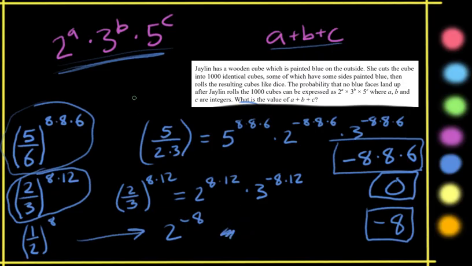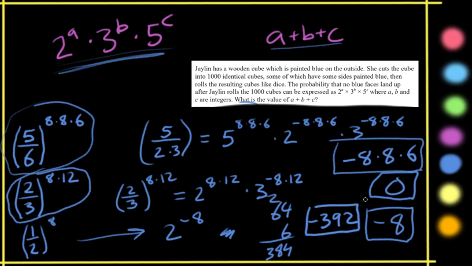So what's 8 times 8 times 6? That's 64 times 6. 4, carry the 2, it's going to be 384. So this is negative 384, and this is negative 8, and you add those together and you get negative 392. So that is our final answer, negative 392.